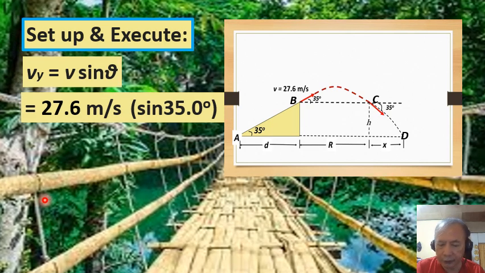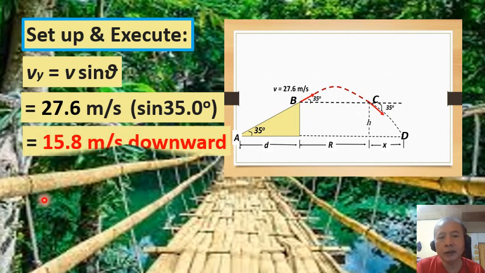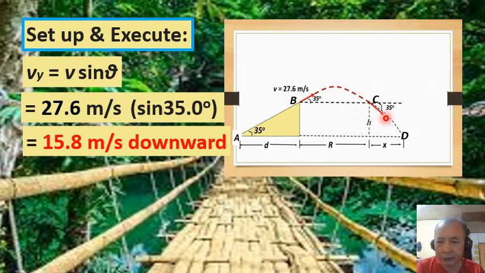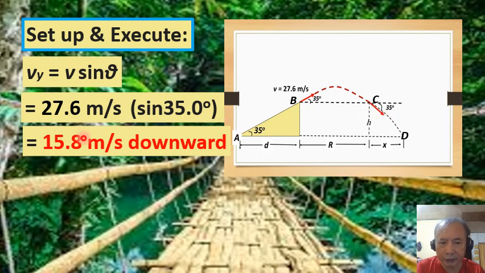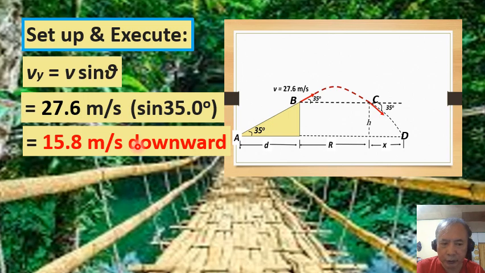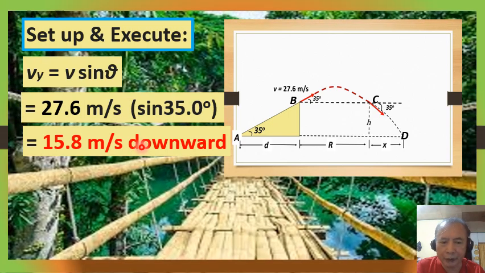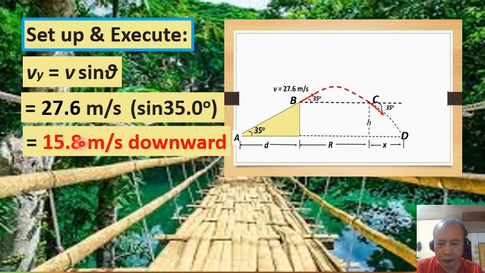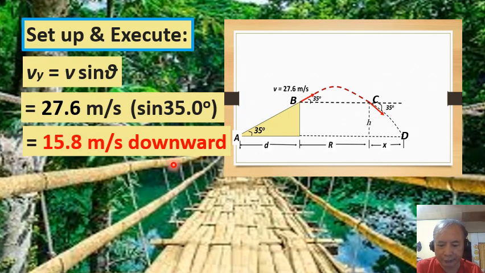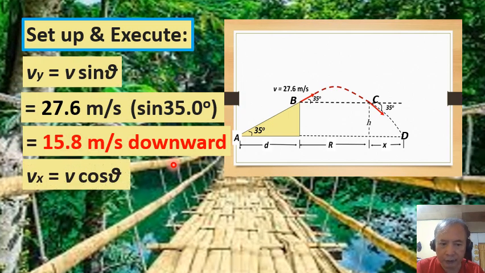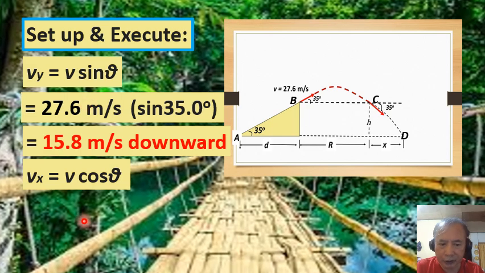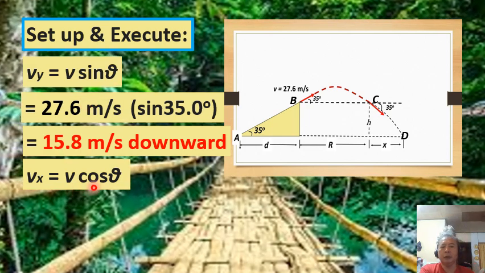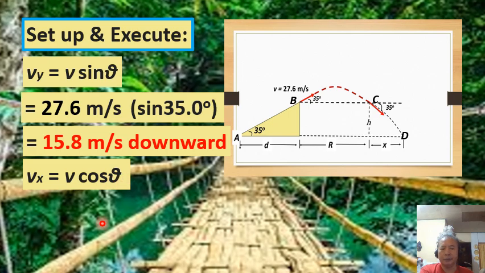And its horizontal component is directed to the right. But right now, we have also the value for this y component equal to 15.8 meters per second. And the x component of v is, of course, just the value of v multiplied by cosine of the angle.